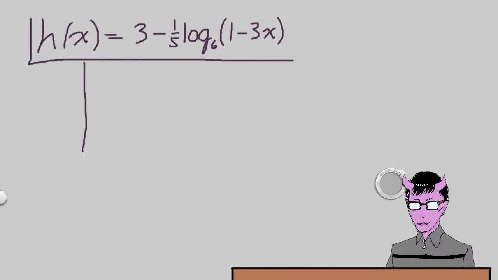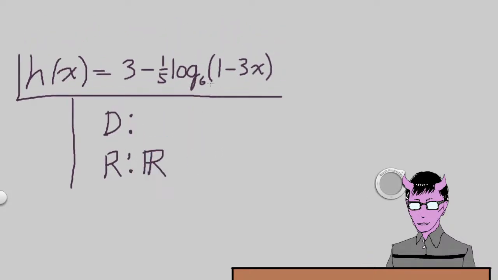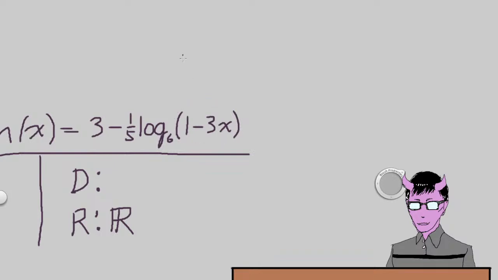So domain, range, restrictions, stuff, standard procedures. Domain, range, this is just a log function, so the range is just all real numbers. Domain is slightly more interesting. Argument as a whole, always greater than 0.